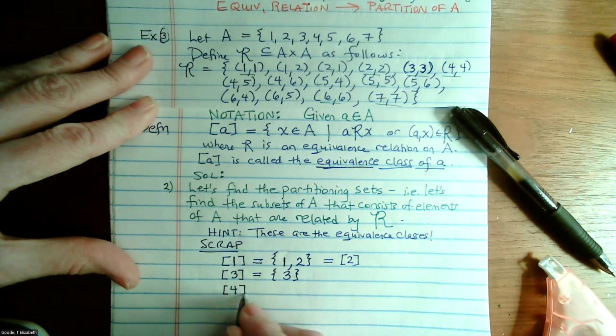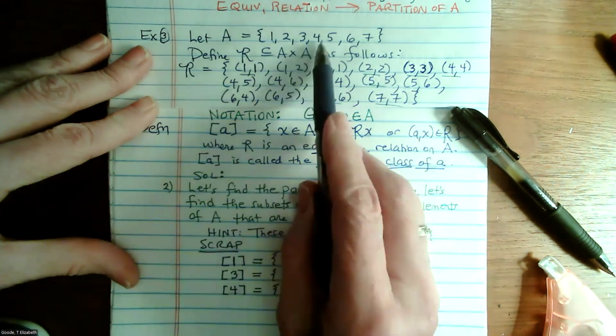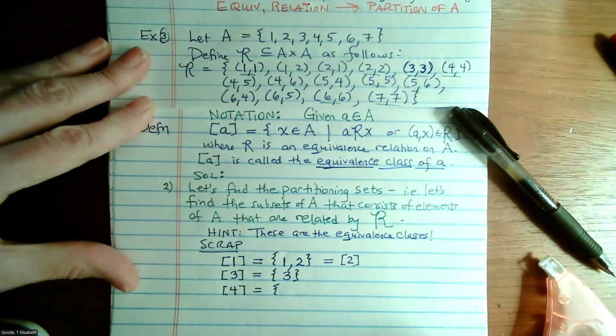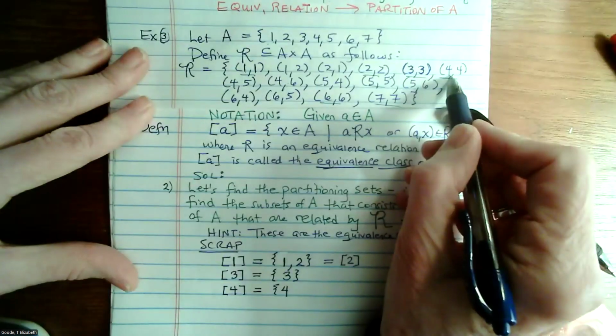Let's look at 4. We're looking at the equivalence class of 4. We're looking for elements of A that are related to 4. What do you think? What's going to be in the equivalence class of 4? 4 for sure, because 4 is related to 4. What else?